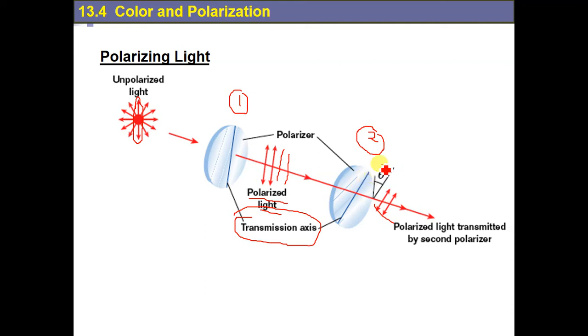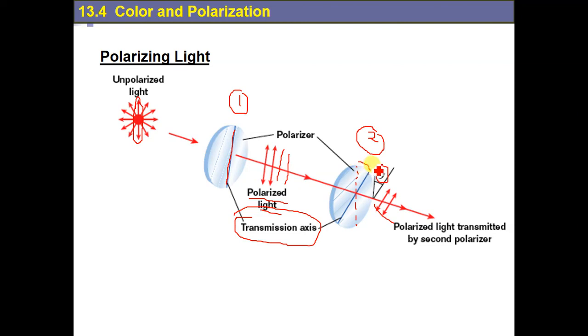Okay, it depends on the angle, so I will just show you the first transmission axis. Here it was like this, right? So this is the first transmission axis. Now the second transmission axis, we have angle theta between the first transmission axis and the second.